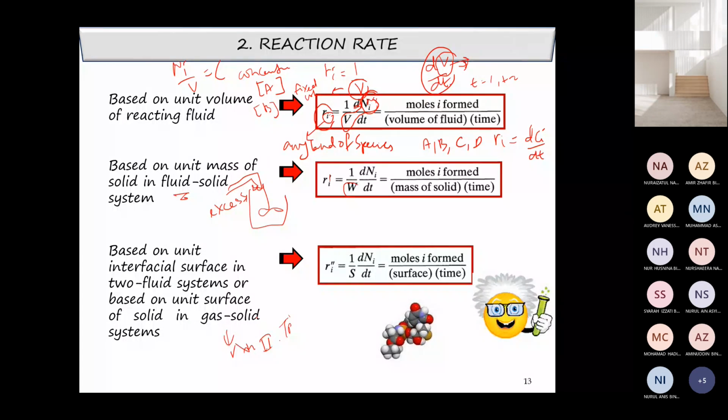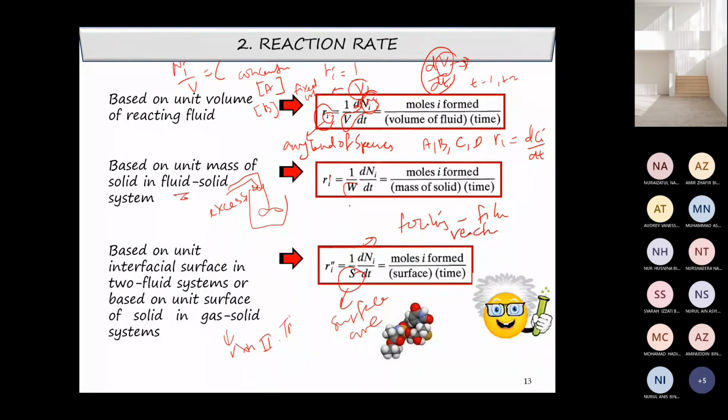Which is R double prime is equal to 1 over S. Alright, it is calculated based on the surface area, dNi over dt, which is moles of i formed over surface times time. Okay, this double prime is an example of a falling film reactor.